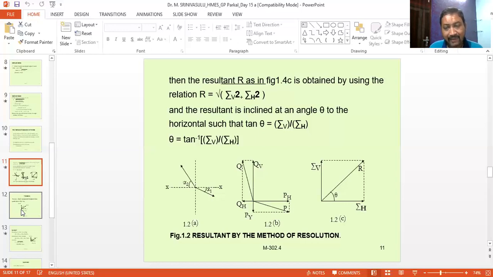The quadrant may be the first, second, third or fourth. Whatever the quadrant, the angle must always be taken from the x-axis. Accordingly, we can represent the resultant.